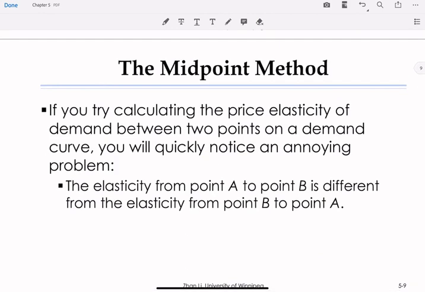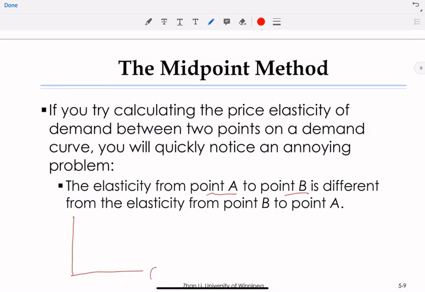Okay. It seems that calculating the price elasticity is very simple, right? It is very straightforward. However, at least in introductory courses, it is not that simple, because you would actually get some confusions depending on what is your starting point, right? So basically, let's say you have 2 points. You have point A and point B on the demand curve, right?